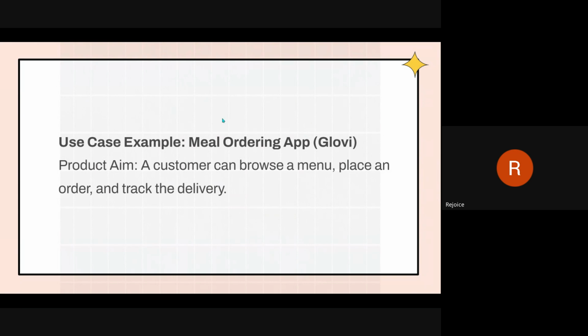But then, anyway. So we'll be using our make-believe application, Globy. So the product aim basically is... I didn't put in the vision. I don't know whatever the vision wants to be at this point, but there's no vision here.